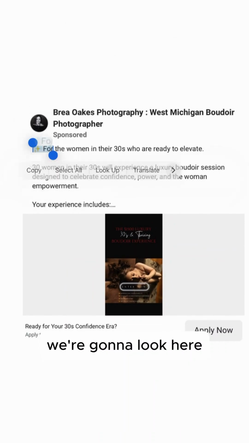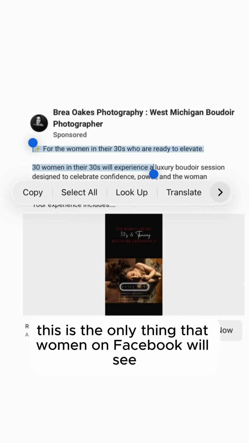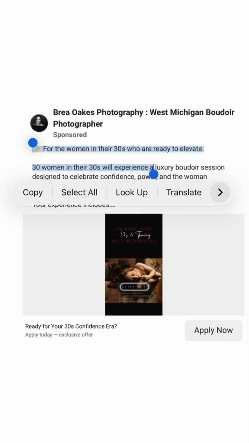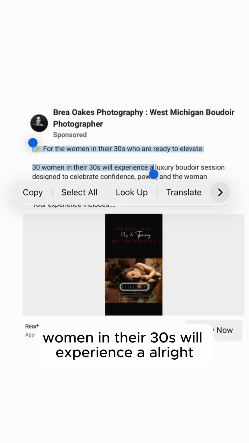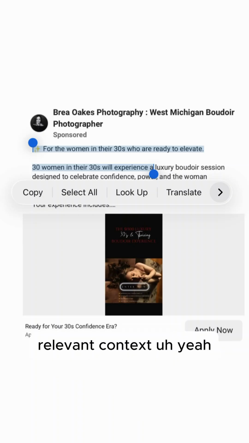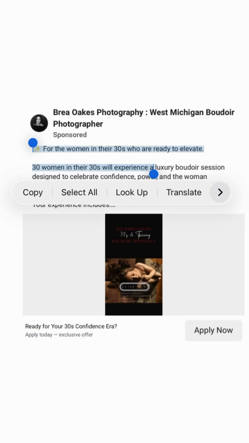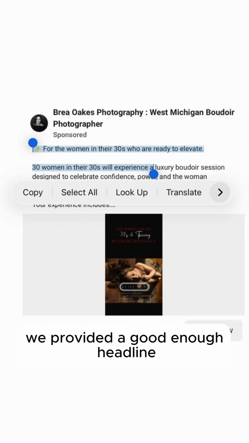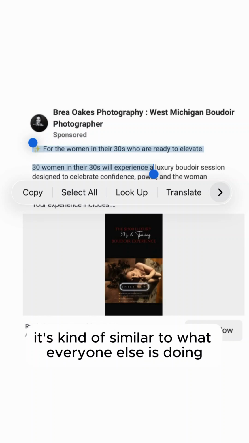Finally, we're going to look here. See more, headline, first 2 3/4 lines, Facebook mobile news feed, before it's cut off by a dot dot dot, See more. This is the only text that women on Facebook will see. So for the women in their 30s who are ready to elevate, 30 women in their 30s will experience A. All right, so we've got like 2 points of context here. Yeah, this is the lack of context mistake. The false belief that causes us to make this mistake is we believe we've provided a good enough headline to get good enough results, and it's similar to what everyone else is doing.